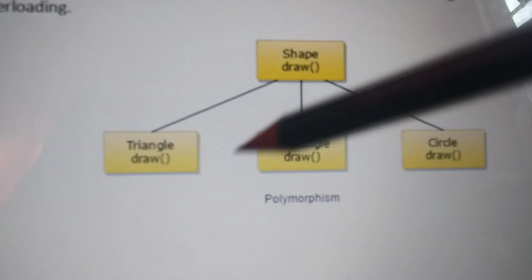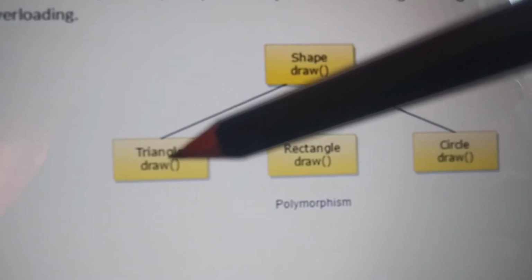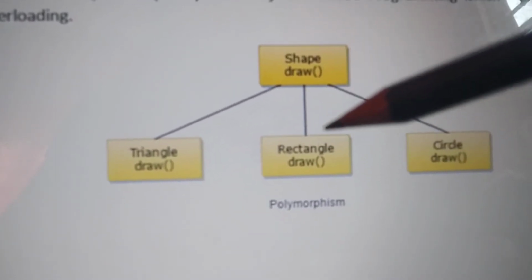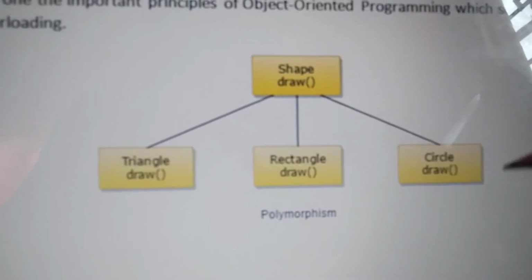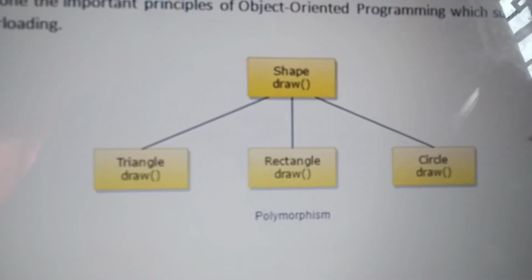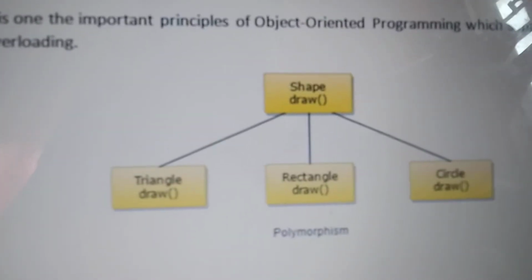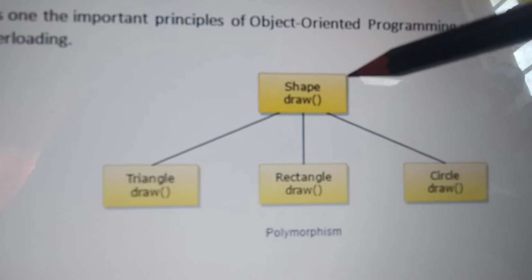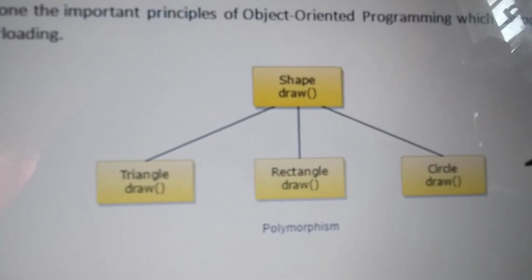Okay, now let's go down. So this is another class, that is what? Triangle. This is another class known as rectangle, and this is another class known as what? Circle. Clear? So what common thing are you seeing here in this figure? The common thing is that, see, this is the parent class and all these are the child classes.